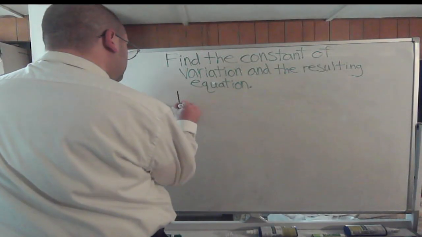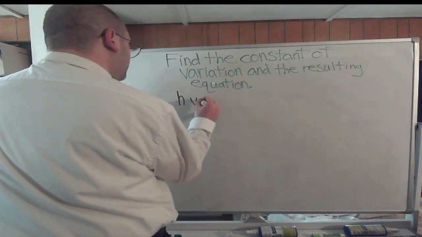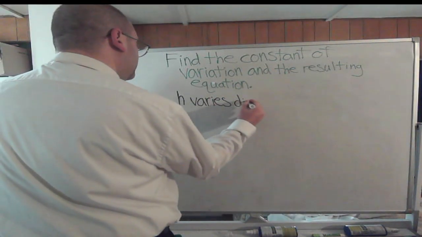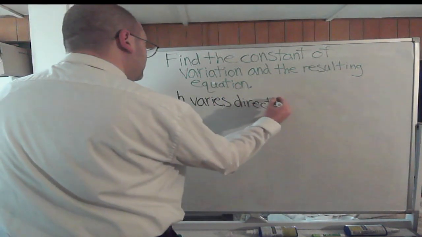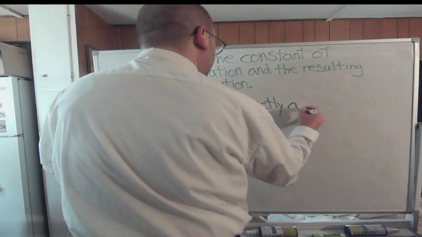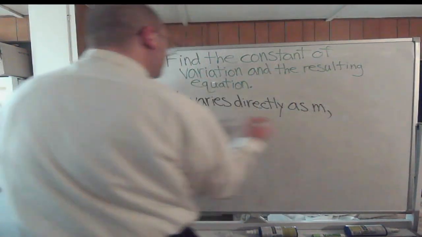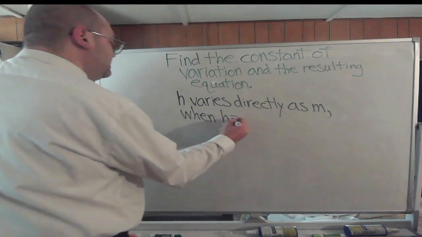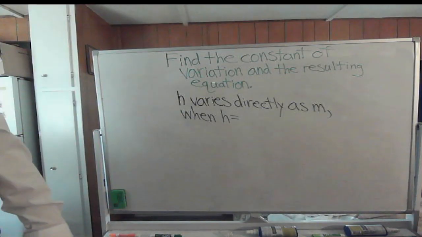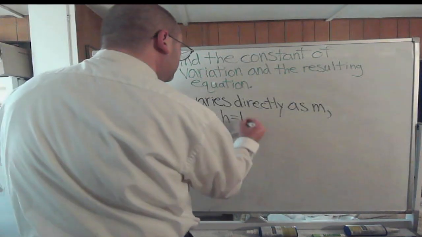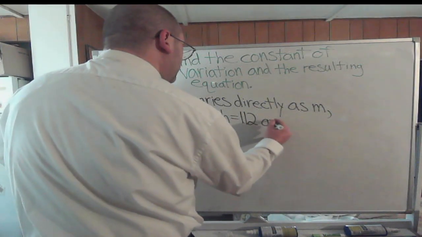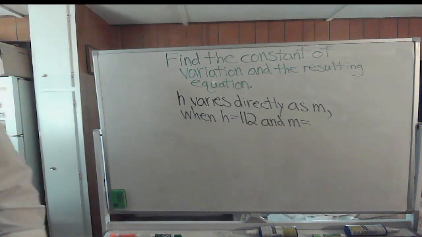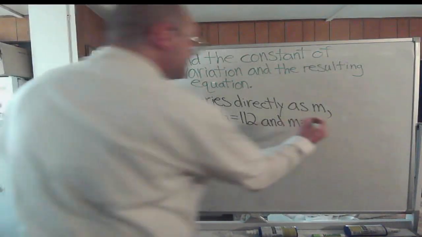Let's see. H varies directly as m when h equals 112 and m equals -16.